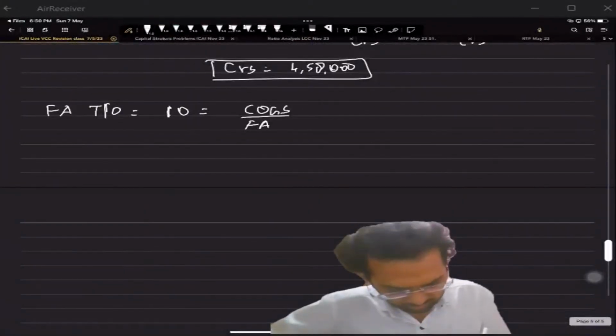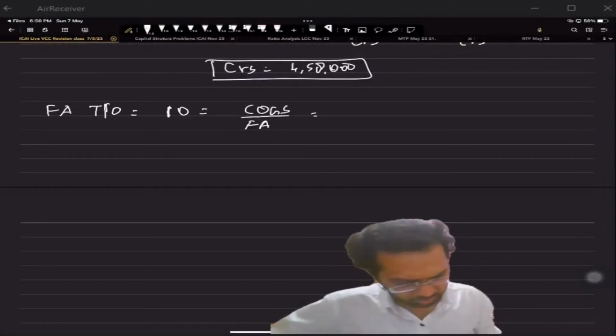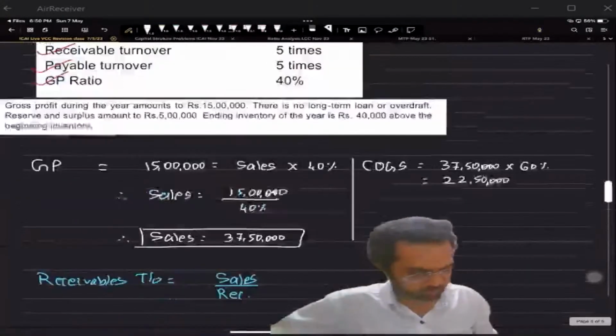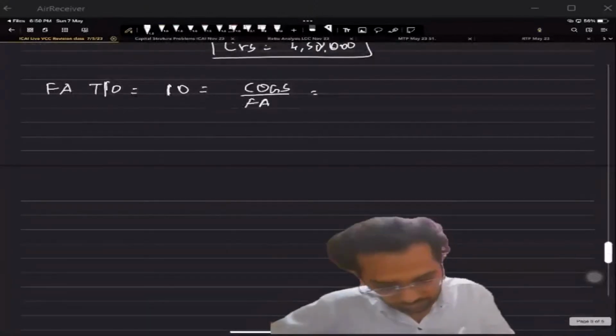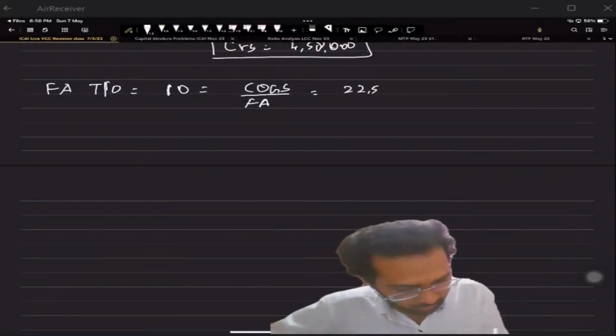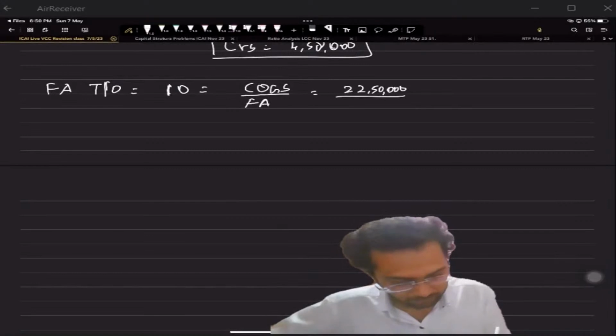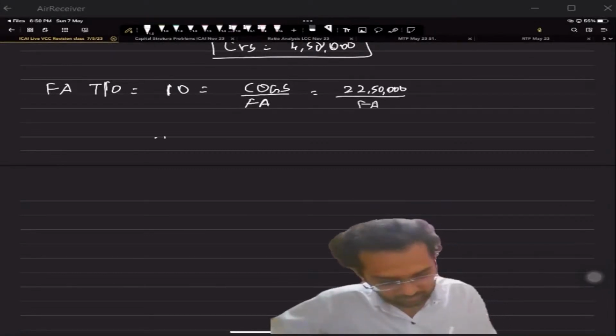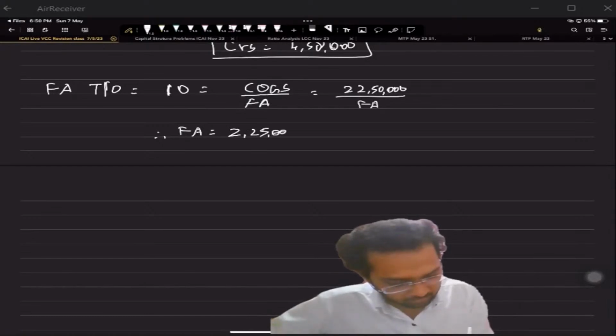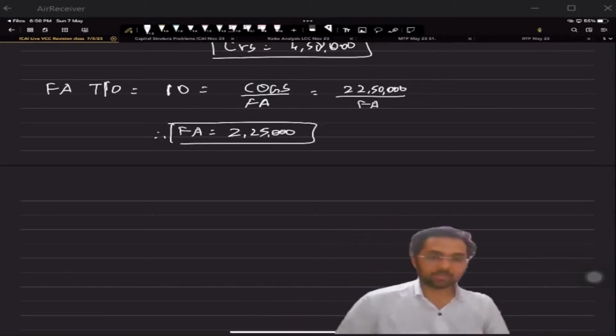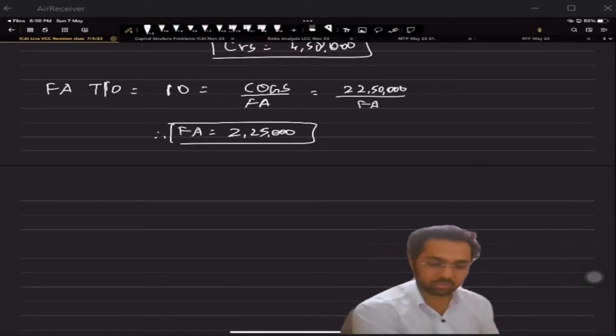Now the COGS figure we do have, we have computed the COGS as 22 lakh 50,000. So 22 lakh 50,000 divided by fixed assets will give us a fixed asset amount of 2 lakh 25,000. So we got the fixed assets also.